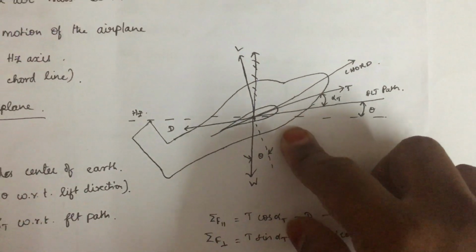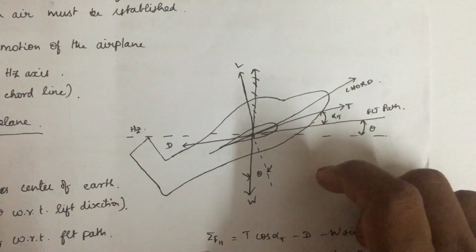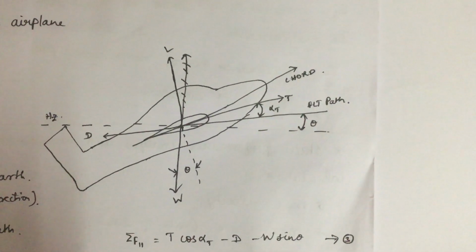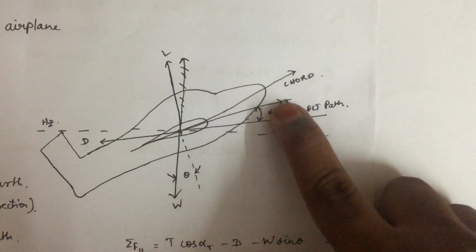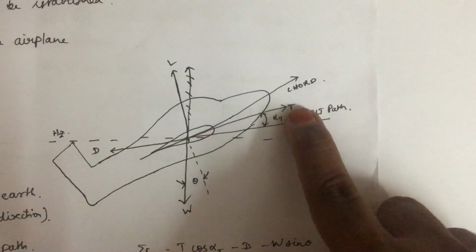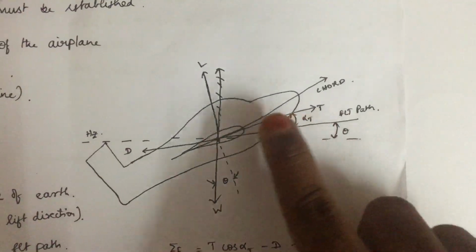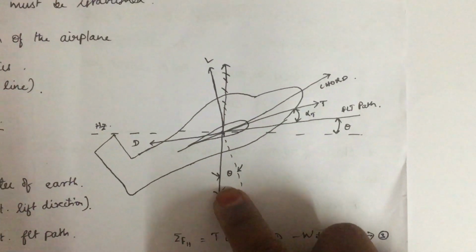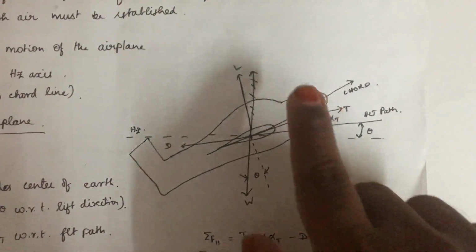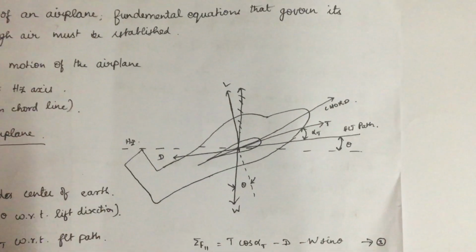So my first equation, when I consider only the parallel forces, has T, my thrust, in the positive direction: T cos alpha T minus D minus W sin theta.